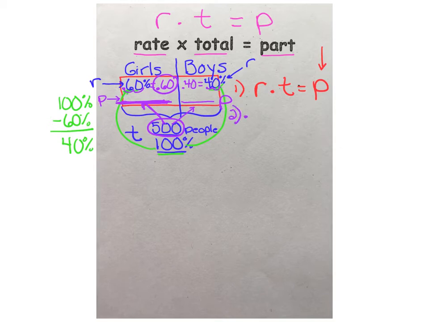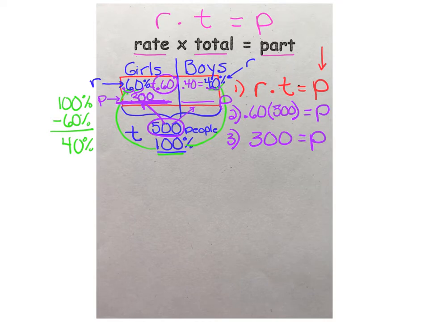Our rate is 60% or 0.60, and our total for the entire bar is 500. Take a moment and punch that into your calculator. 0.60 times 500. You should have gotten 300 girls.